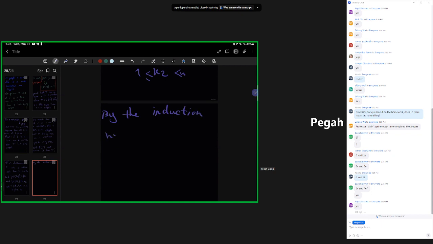by the hypothesis, the number of edges for T1 is K1 minus 1, and the number of edges for the second subtree is K2 minus 1.